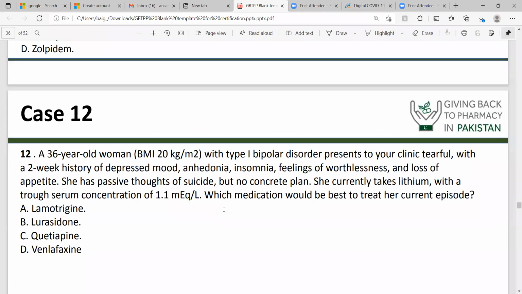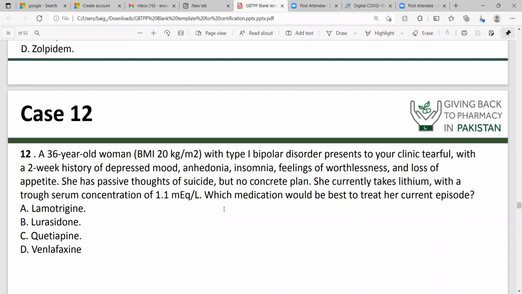Then the next question is a 36-year-old woman, BMI 20, that's a normal range, with type 1 bipolar disorder who presents to your clinic, tearful, with a 2-week history of depressed mood, anhedonia, insomnia, feelings of worthlessness, and loss of appetite. She has passive thoughts of suicide, but no concrete plan.